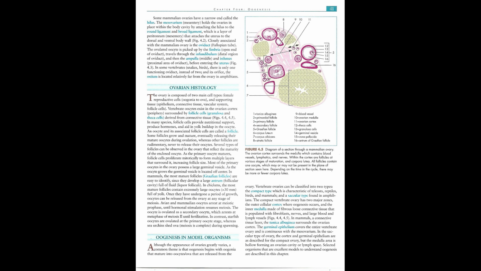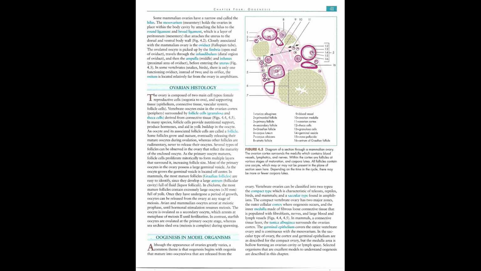In many species, follicle cells provide nutritional support, produce hormones, and aid in yolk buildup in the oocyte. An oocyte and its associated follicle cells are called a follicle. Some follicles grow and mature, eventually releasing their mature oocytes during ovulation, whereas other follicles are rudimentary, never releasing their oocytes.